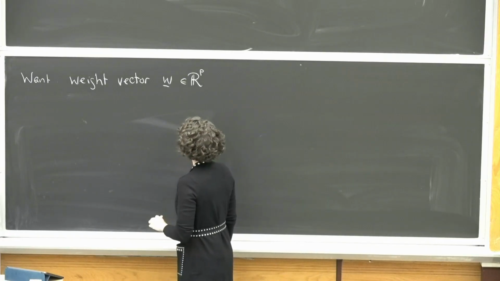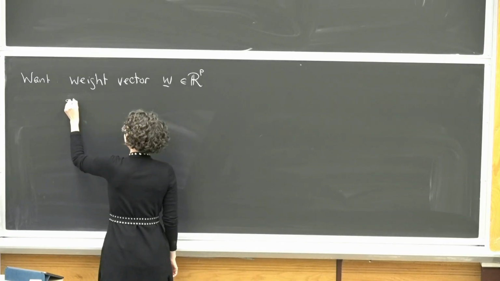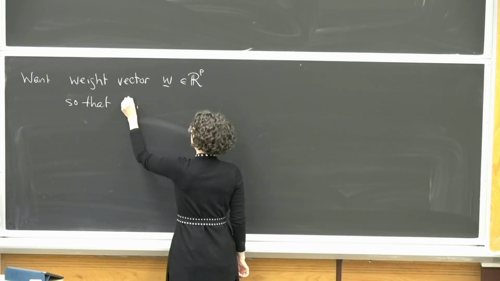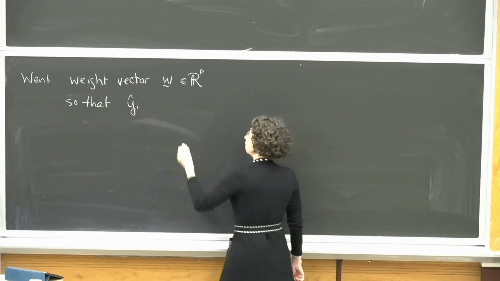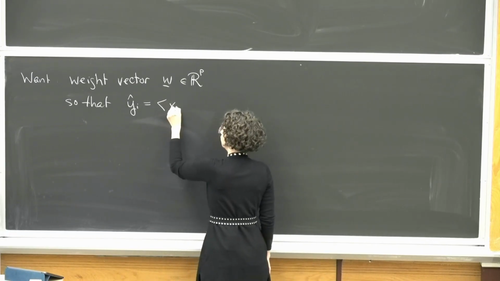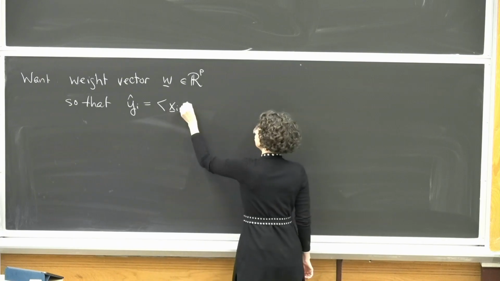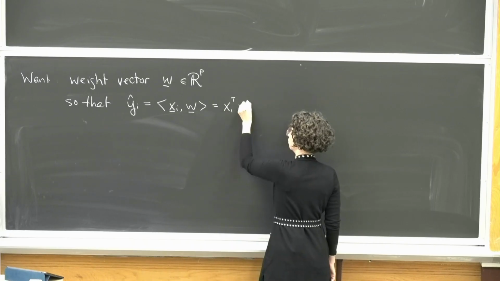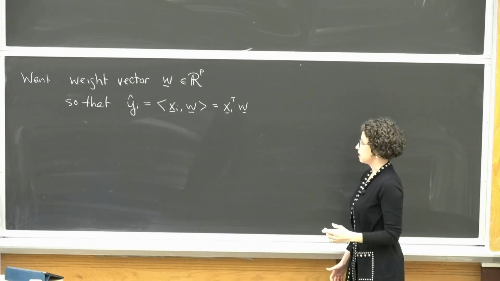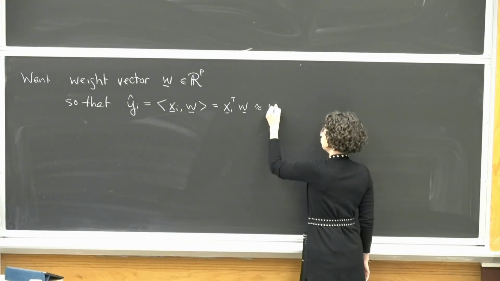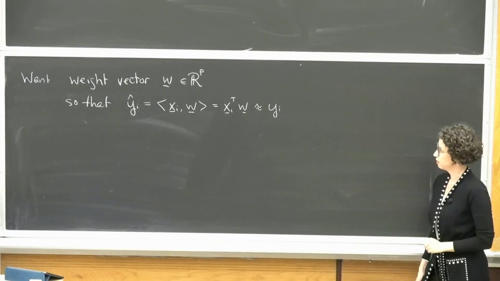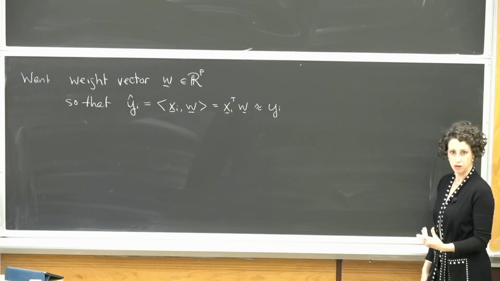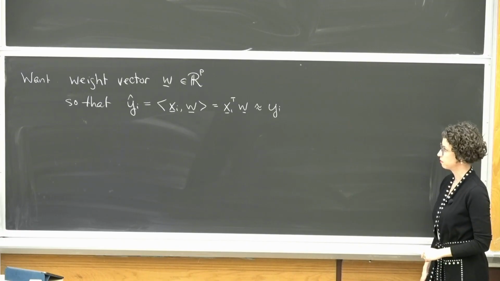And we are going to choose this weight vector so that if we were to predict a label for sample i, by computing the inner product of the feature vector xi with this weight vector, and we've written this a couple of different ways, including xi transpose w, that's going to be a reasonably good fit to the training label that we actually observed. So we want to choose a weight vector that's going to give us good predictions of the labels on the training samples that we have.